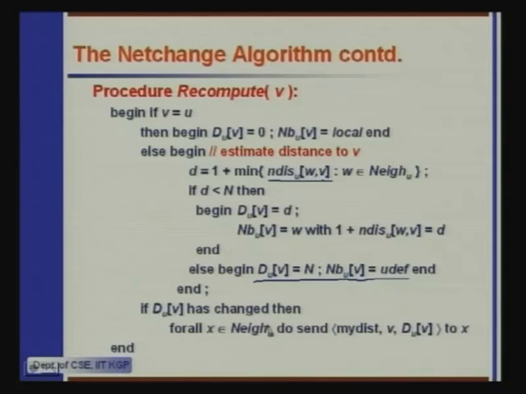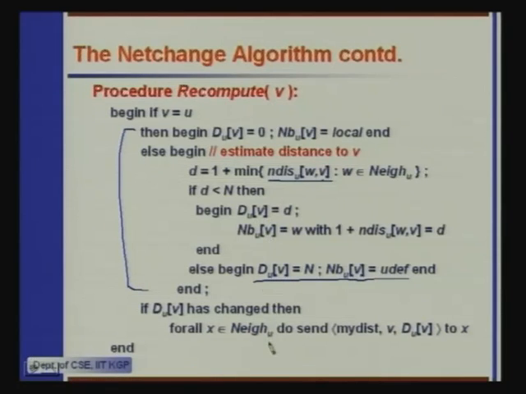Then if duv has changed, then for all x belonging to neighbor U, we will send mydist V duv to x. Now what are we doing at the end of this computation? This part of the computation actually checks whether duv changes or not.